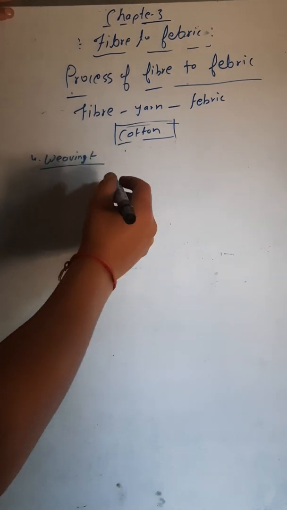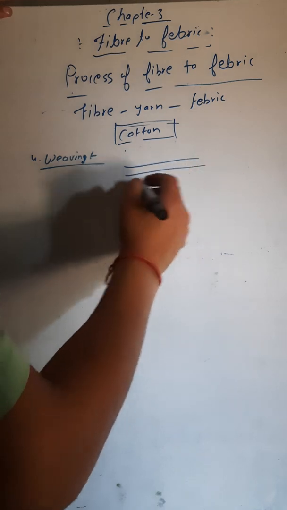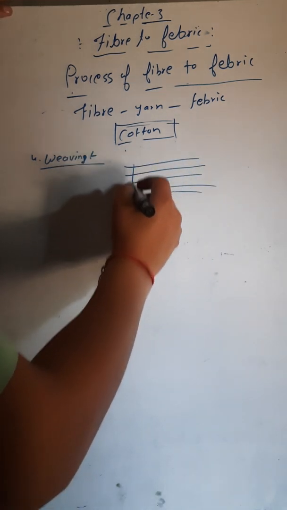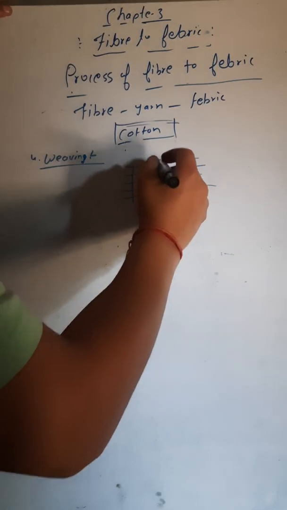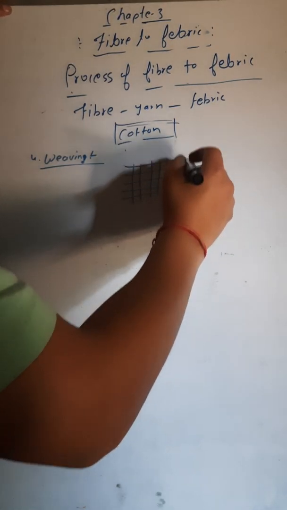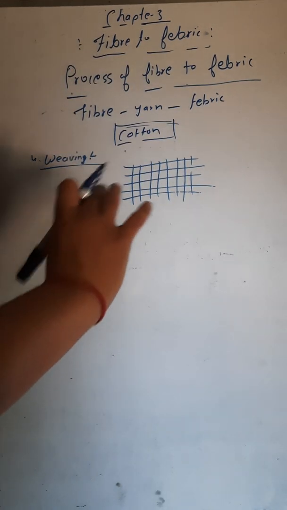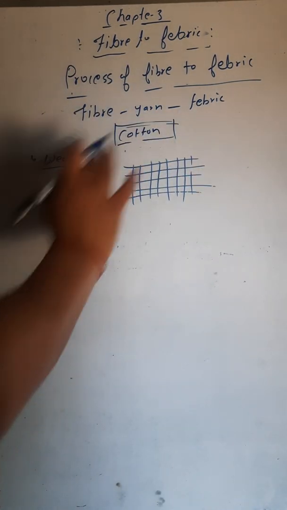Like suppose some yarn are there horizontal, and we attach to it some vertical yarn. So this is the process of weaving. This is just interlocking the horizontal and vertical yarn together to make fabric out of that. So this process is known as weaving.